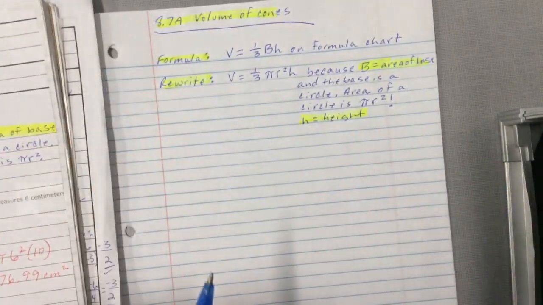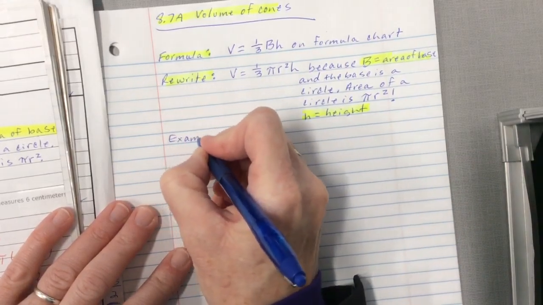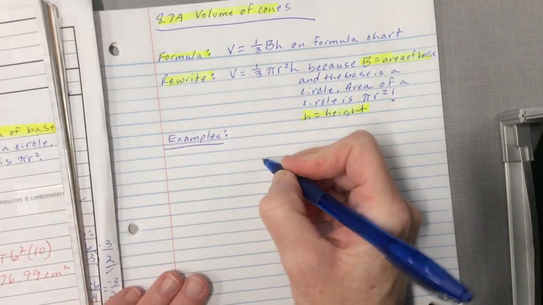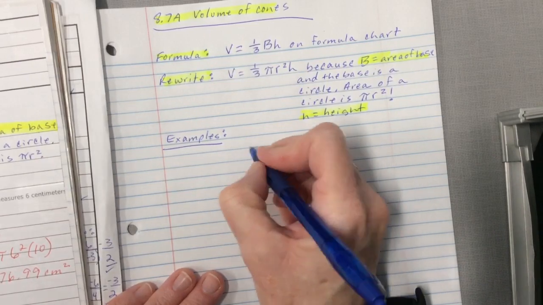Okay, so here's our examples. You find the radius and the height, and you plug it into the formula. So let's see, here's the first picture.